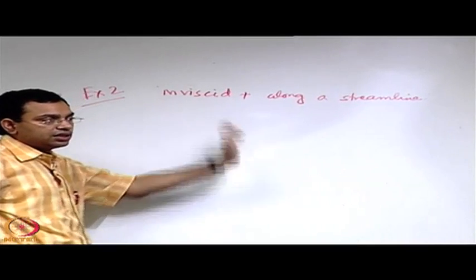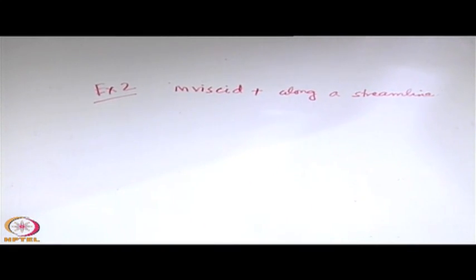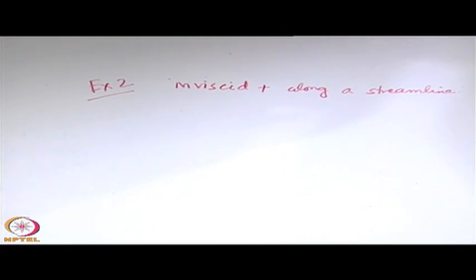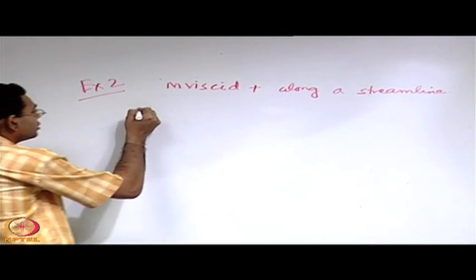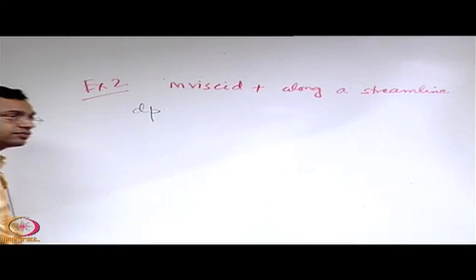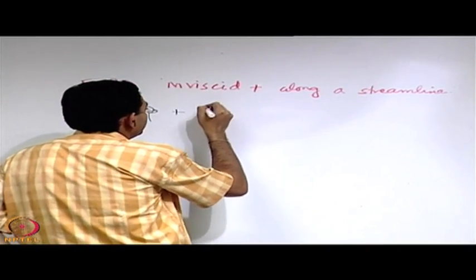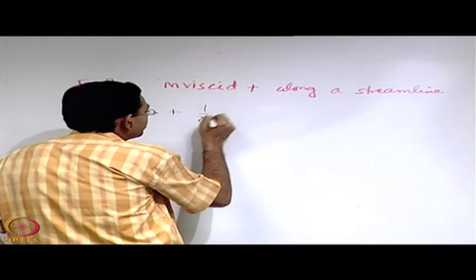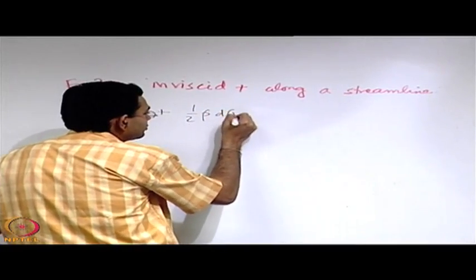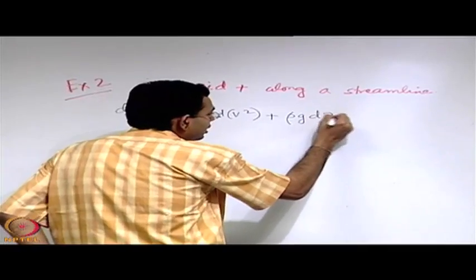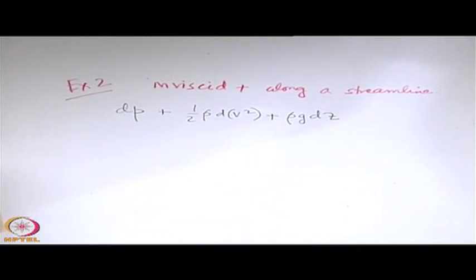We will start with the Euler's equation form. So Euler's equation form, let us try to write that. So dP plus half rho dV square plus rho g dz, these were the first 3 terms.